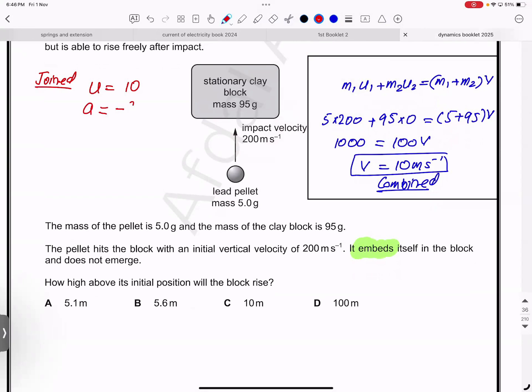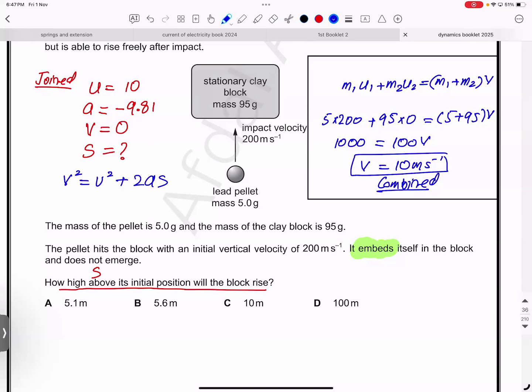Acceleration going up is negative 9.81. How high above can it go? Maximum height, final speed is 0. How high? S is the question mark. Kinematics: V squared equals U squared plus 2AS.